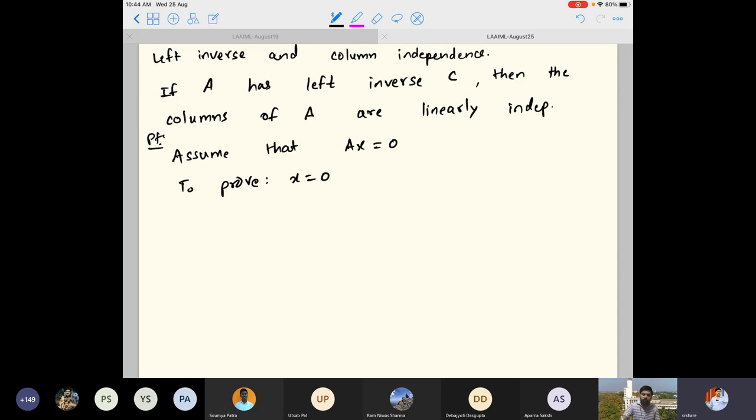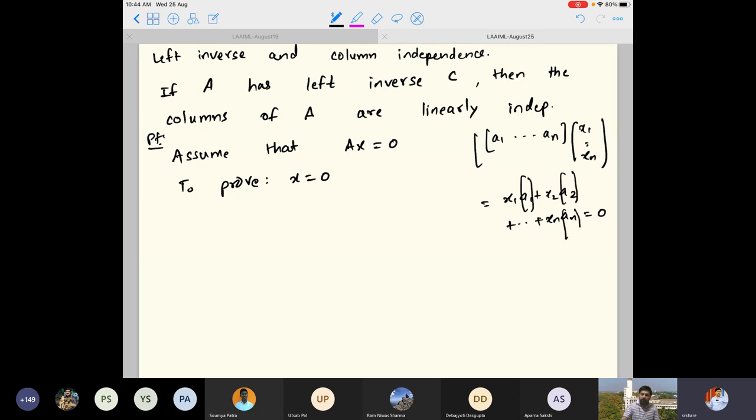The columns of A are A1 up to AN, and X is X1 up to Xn. So AX is equal to X1 A1 plus X2 A2 plus up to Xn AN, and I am saying this is equal to 0. Each term is a vector, so you have a linear combination of vectors equal to 0.